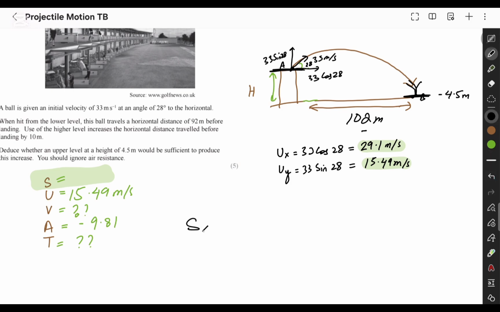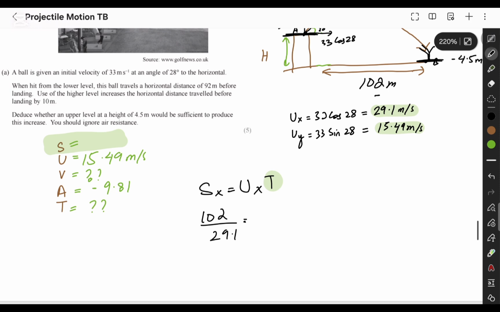So we know Sx is equal to ux t, and from this actually we can find the time. We know Sx is 102, ux is going to be 29.1, and that's going to get us 3.5 seconds. So time is 3.5. And now we can use an equation. S is equal to ut plus half at squared.